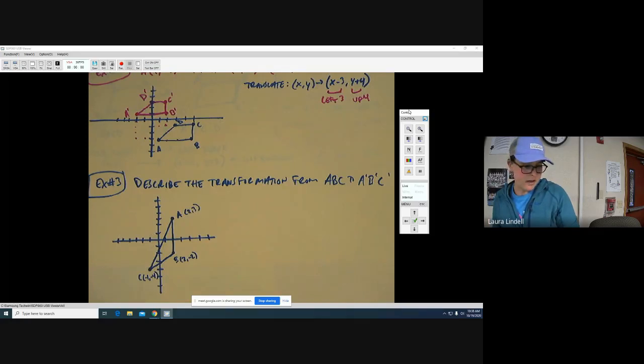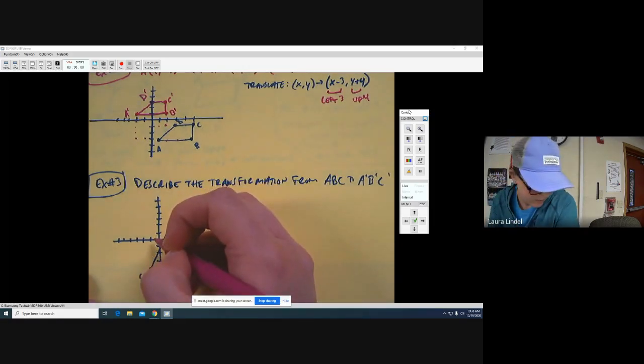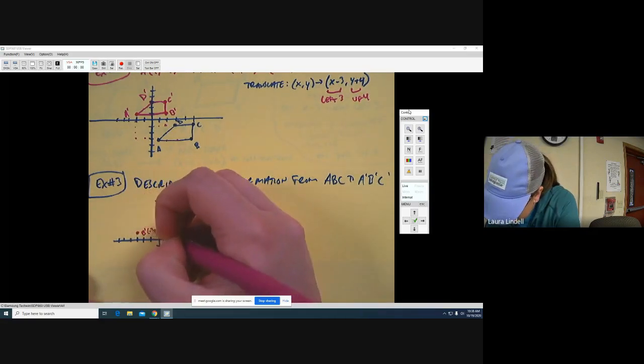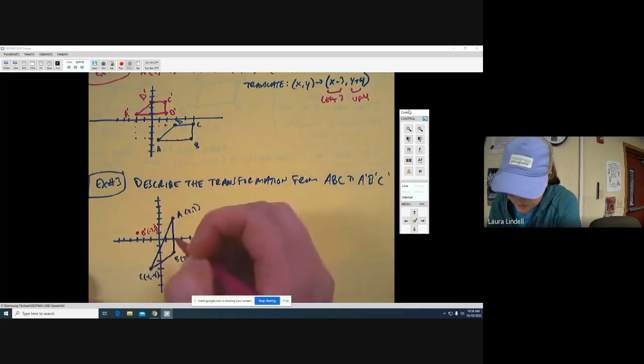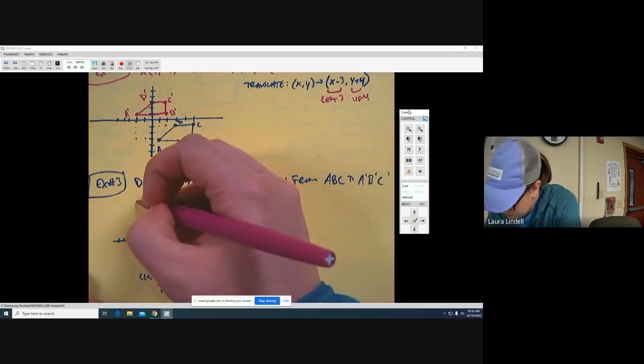And then my second shape is going to have, let's see, B is going to be over -3 up 1. A is going to be over to -3 up 6.